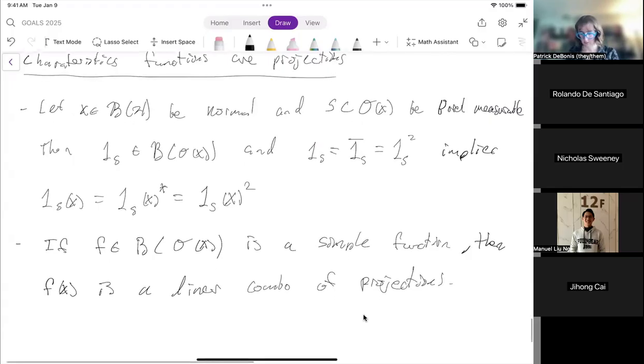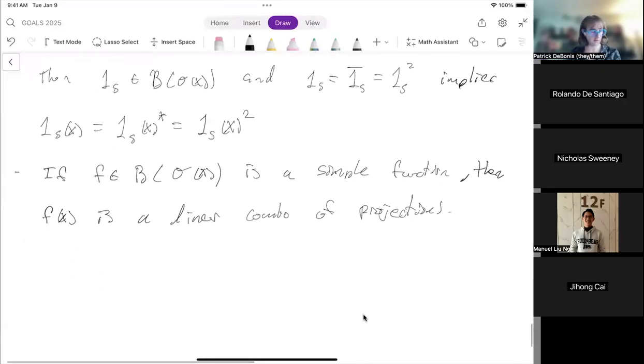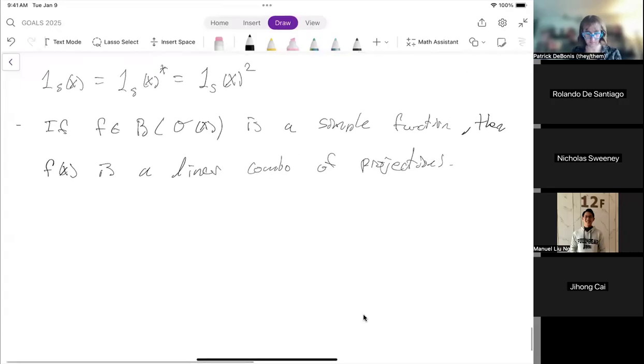And so with this correspondence that we're observing here, we can give this application, this corollary.